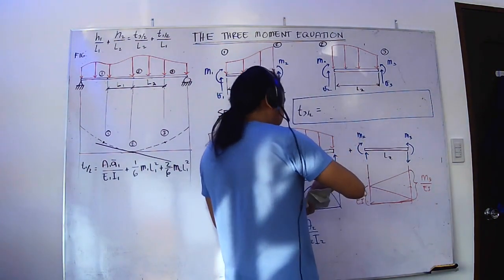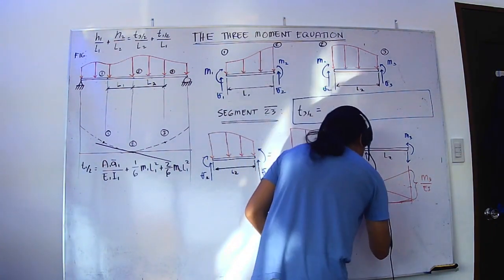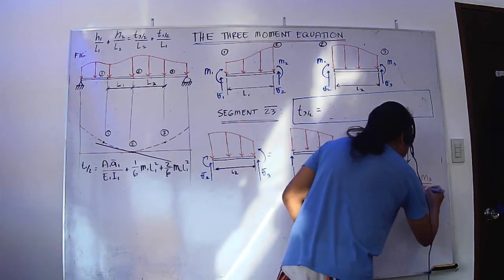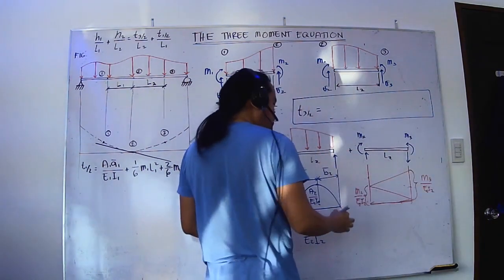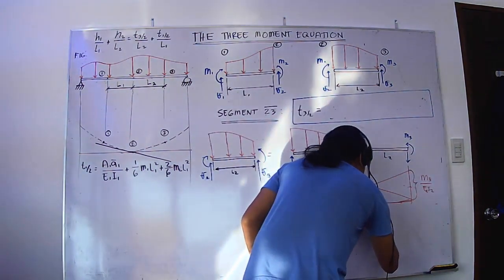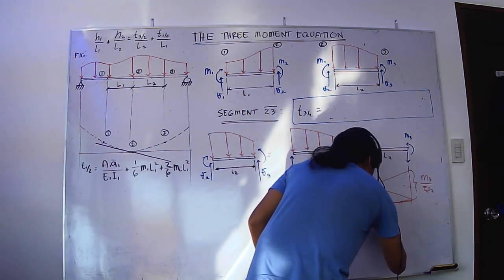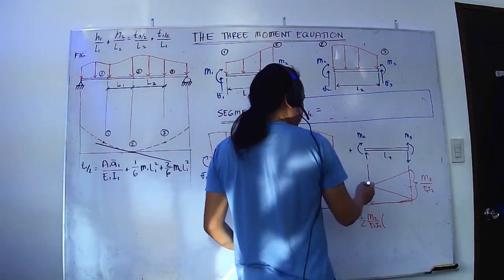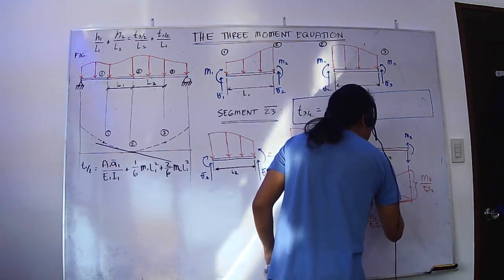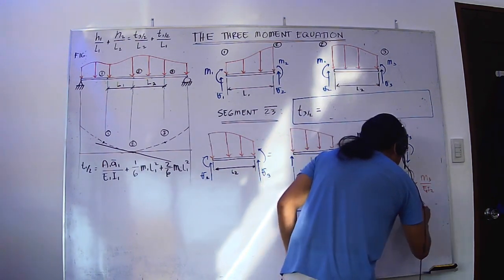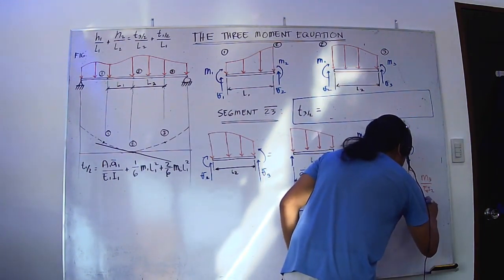Now, for this case of the dendry, E2I2, E2I2. Okay? Its area is 1/2 times M2 E2I2 multiplied by its distance, that should be 2/3 of L2.